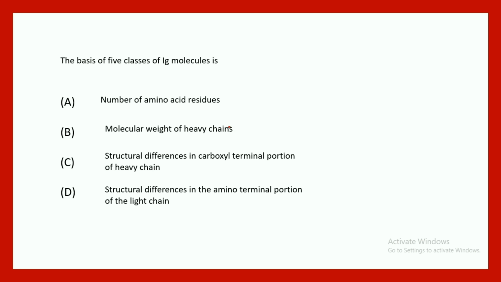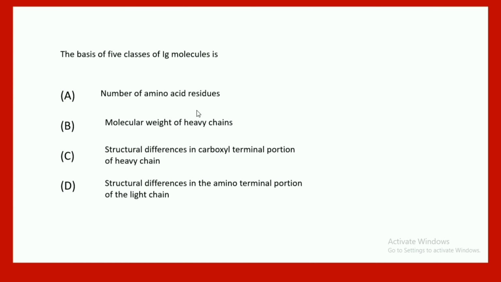Let's come to the next question. The basis of 5 classes of Ig molecule is number of amino acid residues, molecular weight of the heavy chain, structural differences in the carboxy terminal portion of the heavy chain, structural difference in the amino terminal portion of the heavy chain. Right? So let's try to answer the question. If you have answered the question, the correct answer is this, the number of amino acid residue.